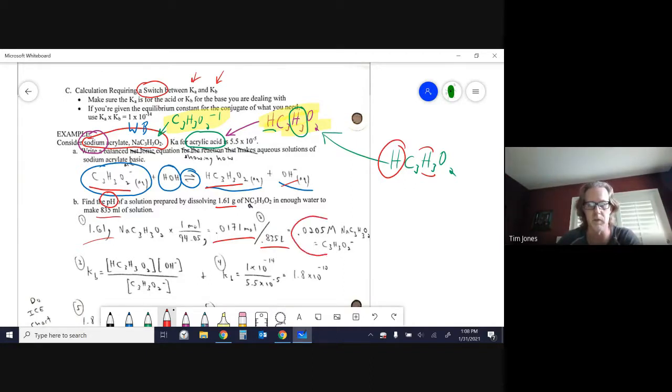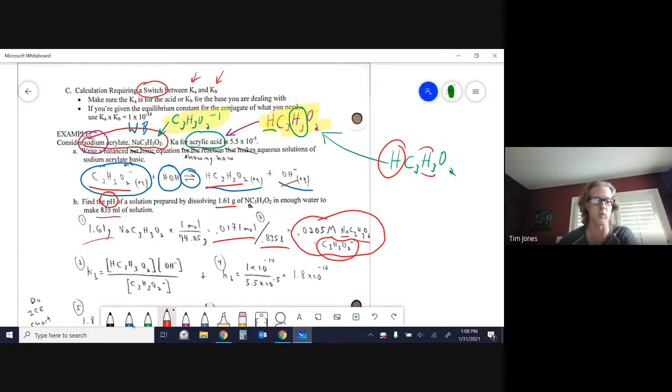So this is the molarity of the sodium acrylate. And since it gives off 1 sodium and 1 acrylate, it is also the molarity of the acrylate, which is what we really care about, is that this is the molarity of the weak base. Since it's a weak base, do not write a Ka.